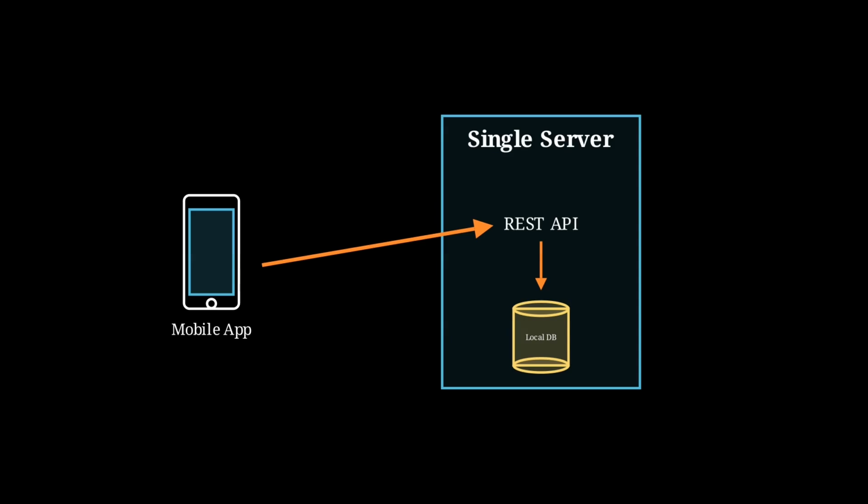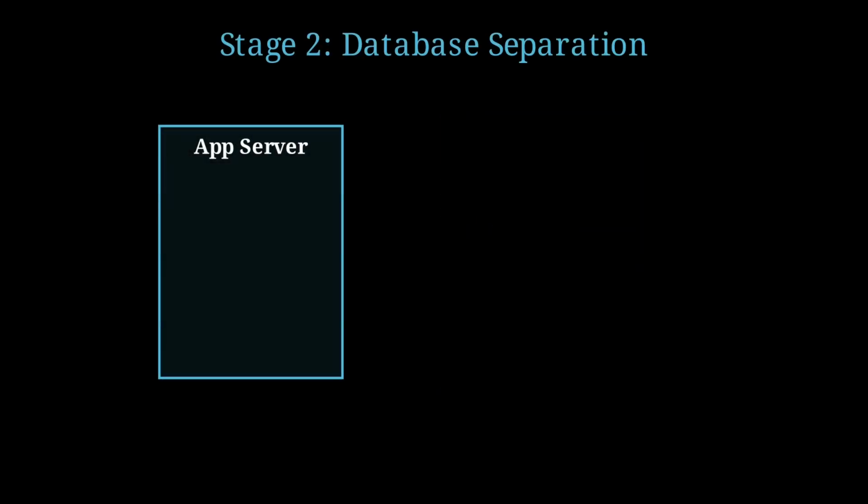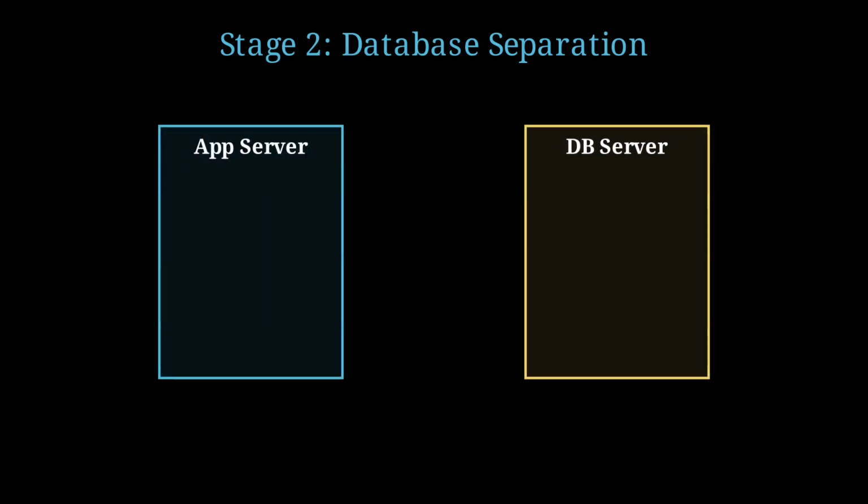That is stage 1. Later, if the users increase, for example from one user to 20 to 50 users, the step 2 is that we need to separate the database into a separate server.